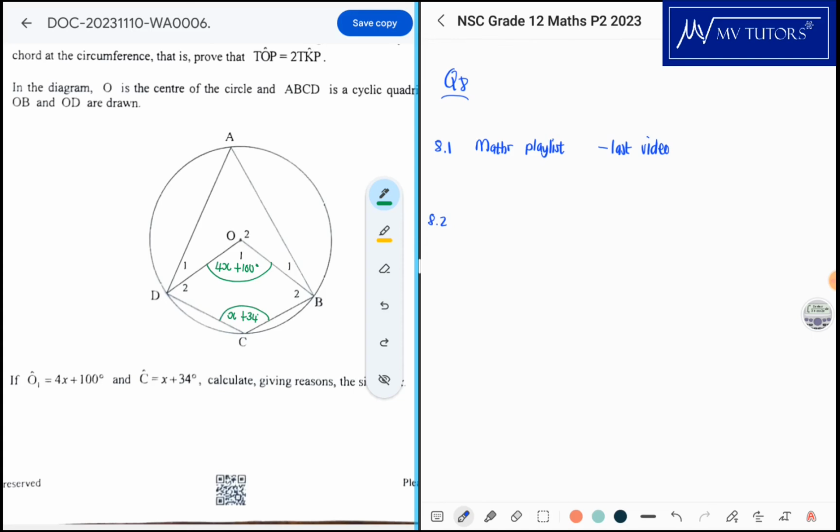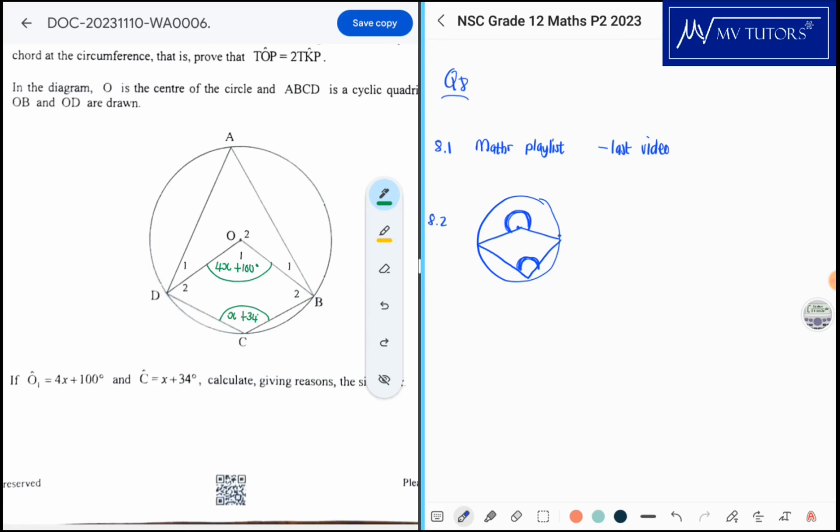And we have the center, right? If you have something like this, you know that the reflex angle is actually twice this angle.